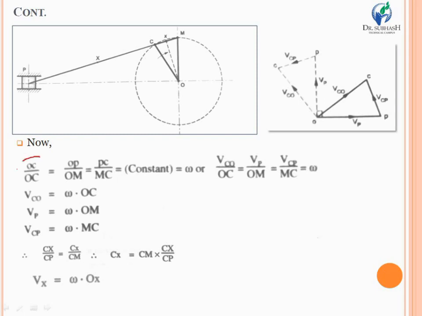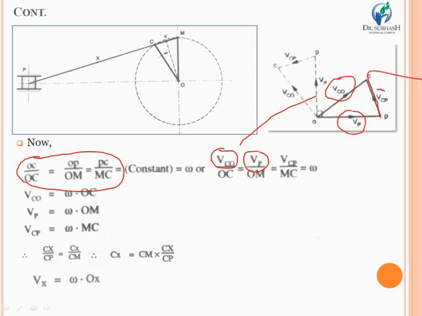And of course if you replace all these terms, that means the links, with the velocity components, OC is replaced by VCO, OP is represented by the velocity of piston VP, and finally PC is represented by the velocity component of the link CP.